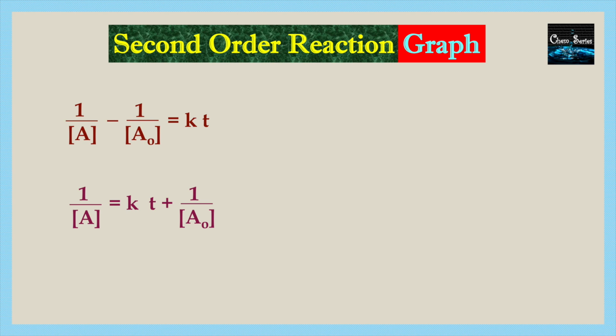Now you should have guessed what should be the graph format for this equation, because in the zero order reaction video, I guess part 2, we have already discussed the 4 types of graph. And for the first order reaction and zero order reaction, the graph format is y is equal to c minus mx. And here in second order reaction, it is y is equal to mx plus c. On your y-axis, you have 1 by A, and k will be the slope, and on your x-axis, time will be there, and 1 by A naught is the intercept.